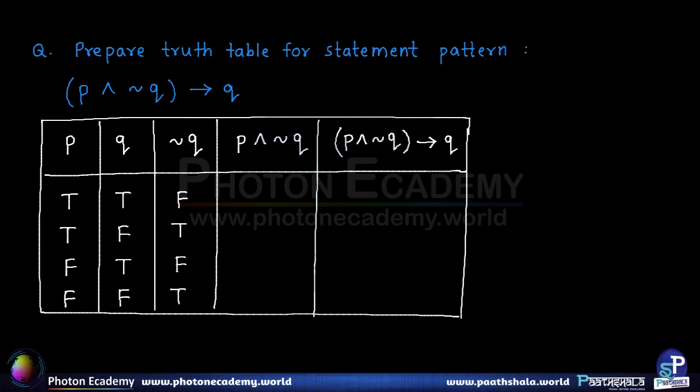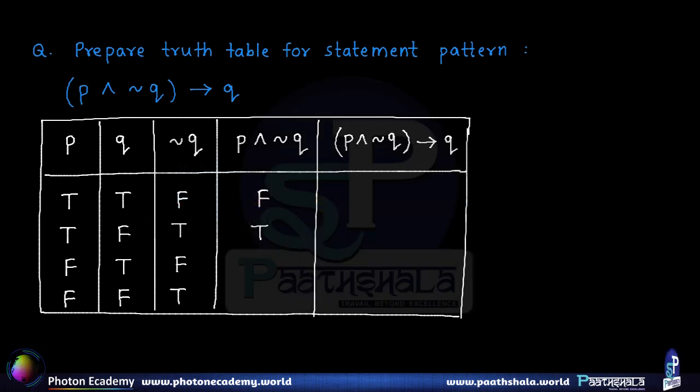So look at the first one. We have T and F. As long as one is false, the answer is straight away false. Then we have T and T. Here, since both are true, the answer is true. Then we have false and false, clearly false. And lastly, false and true, that is still false.